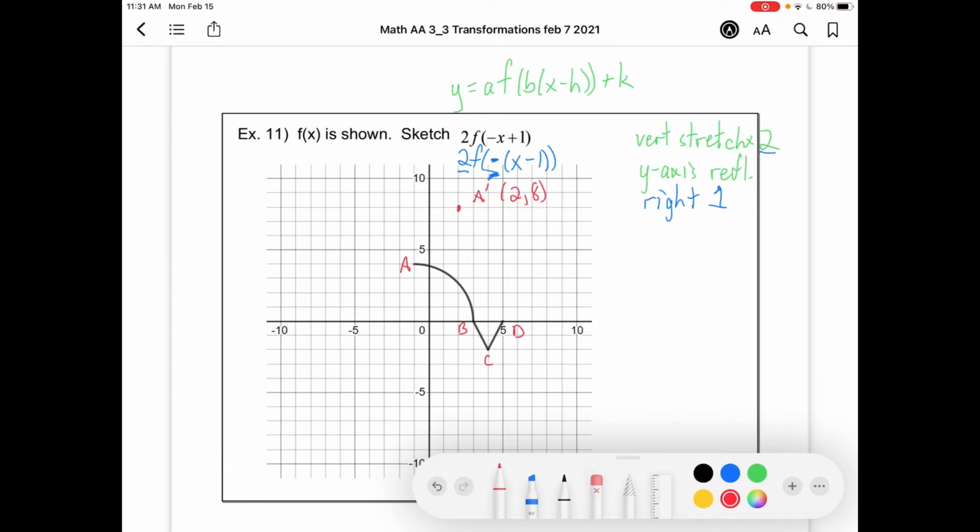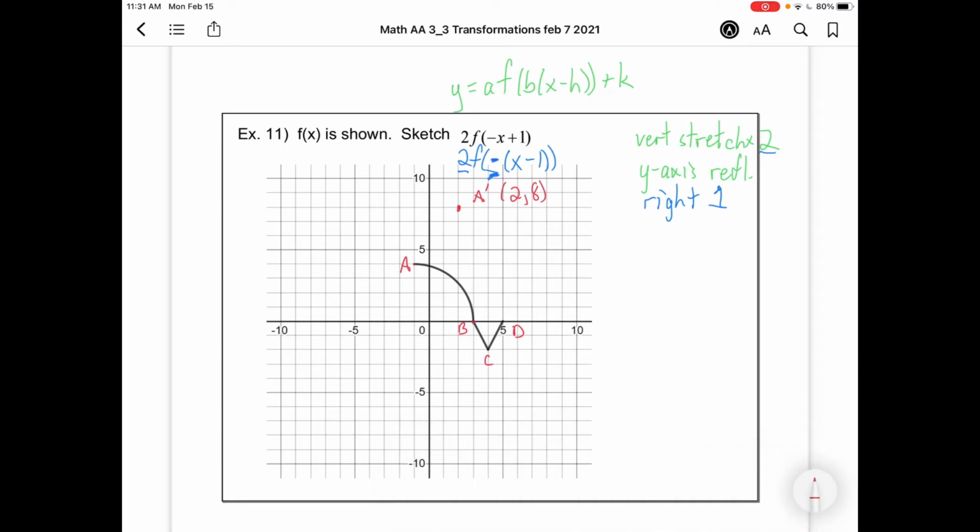Going to do the same with B. So it's going to have a vertical stretch by a factor of 2. Now, vertical stretch means that the y's are being multiplied, or in other words, it's twice as tall. Right now it's got a height of 0, or y value of 0.